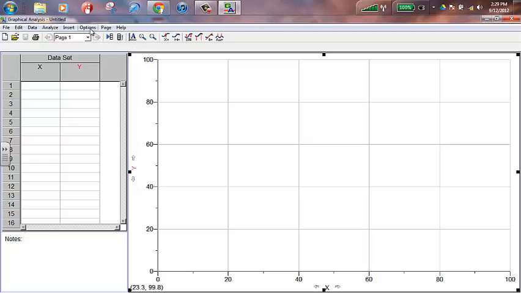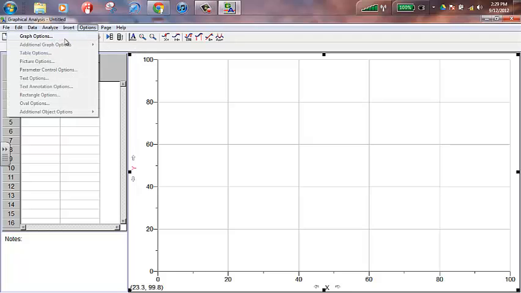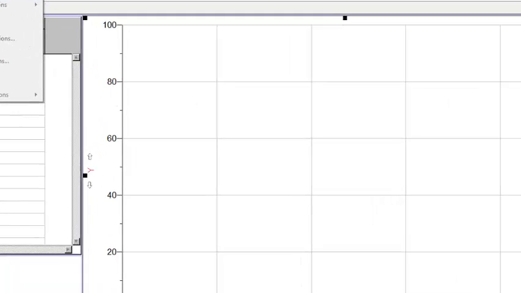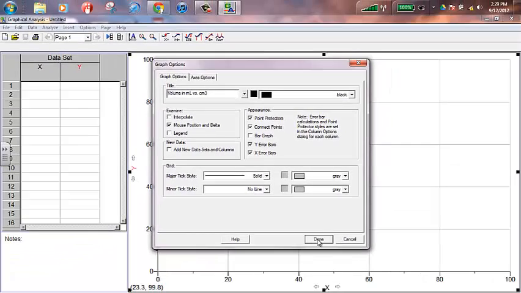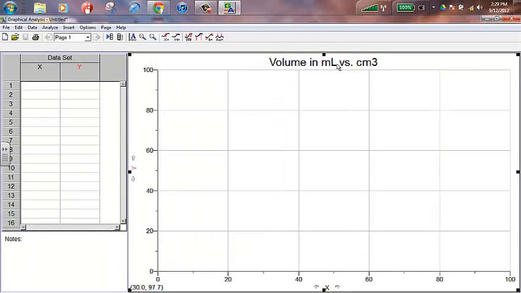Another way to find that is to go to the options tab up here and press this selected option, which is graph options. And in the title window, enter your title. What I just put in there is volume in milliliters versus cm3, which is cubic centimeters. I'm going to click done there, and you'll see that the title populates at the top of the graph.